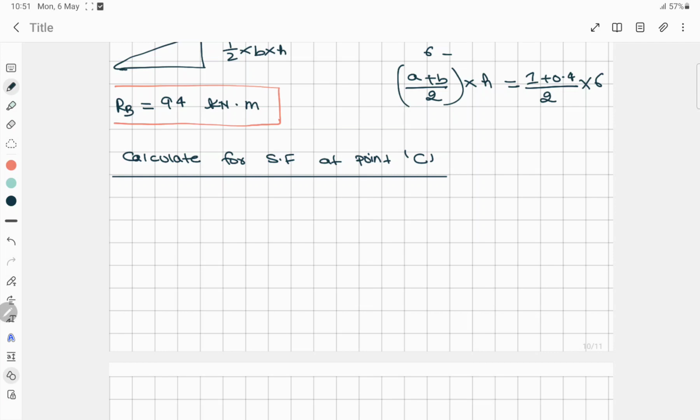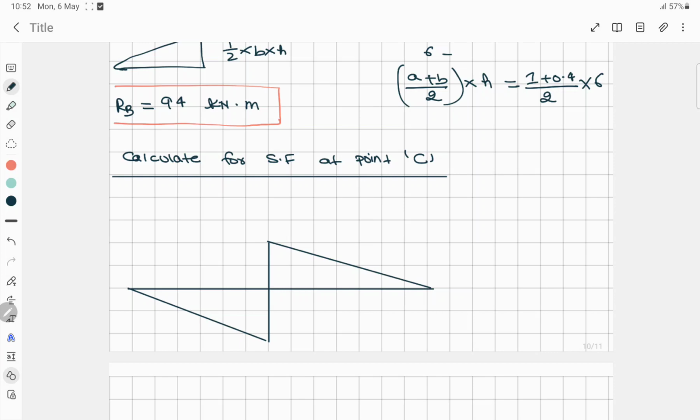Okay, we'll try to go like this. So diagram was like this.